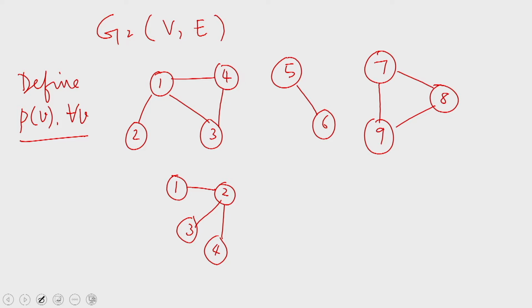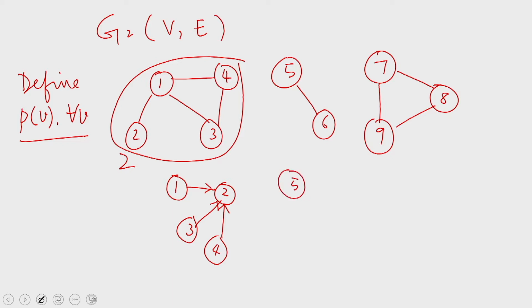So, we have identified this component with vertex 2, that is, we are identifying that vertices 1, 2, 3 and 4 all belong to the same component, and we are choosing to name this component as 2. So, 1, 3 and 4 all adopt 2 as their parents, and here let us say 5 points to 6, and therefore 6 is chosen to represent this component.